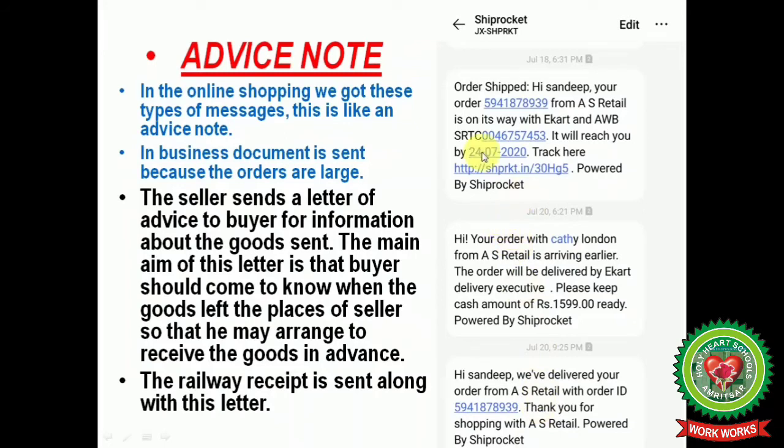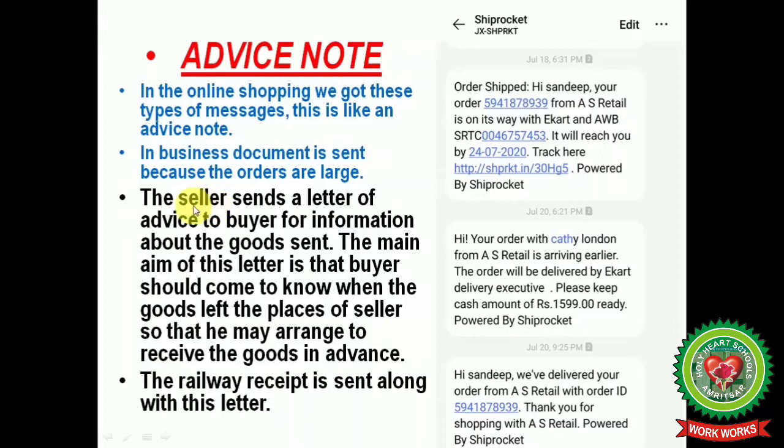So in this way, these are the messages that are provided from time to time, and this is called the advice note. So in business, a document is sent because the orders are large, and these types of messages are not suitable for large types of documents or large orders.